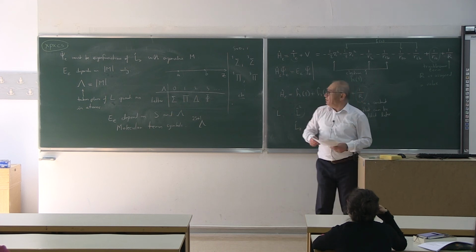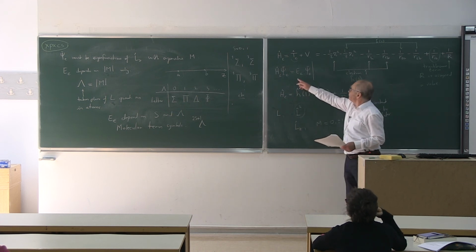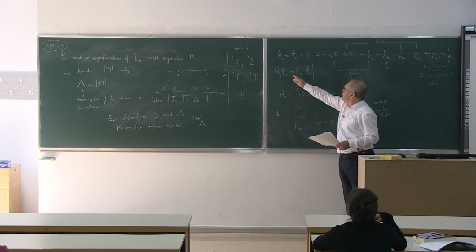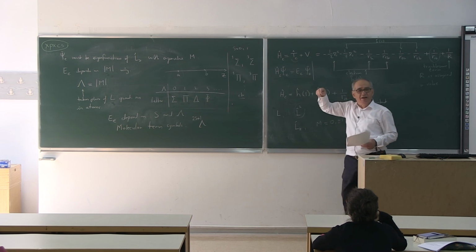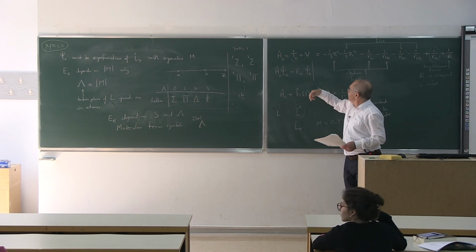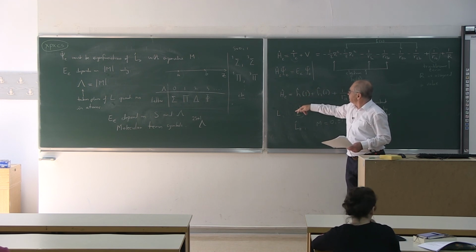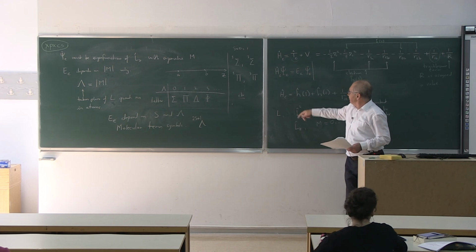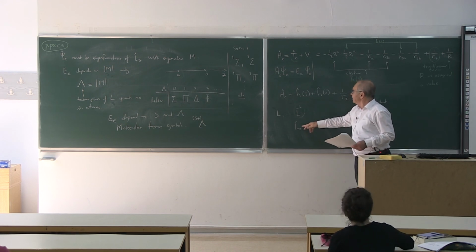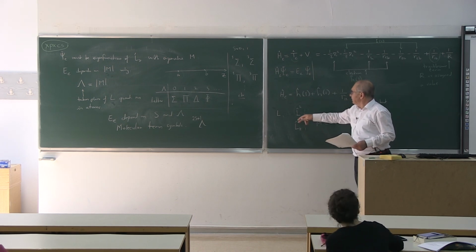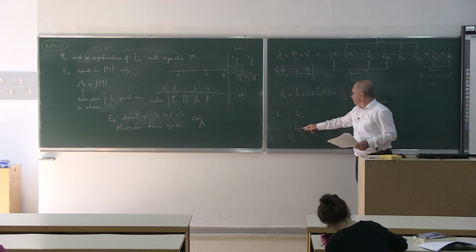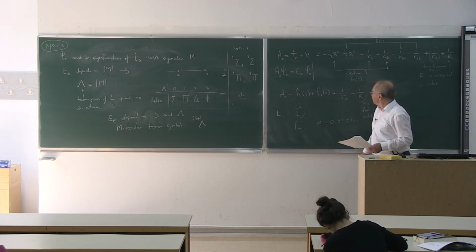All right, so far we have discussed exact properties of this equation regarding the total spin quantum number, and also the property related with the z component of orbital angular momentum.